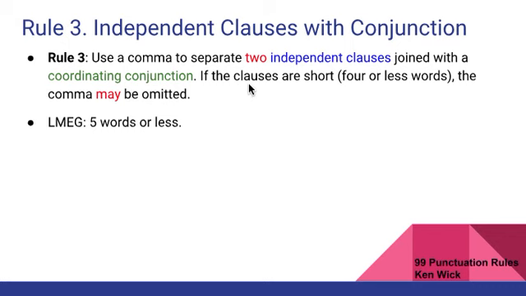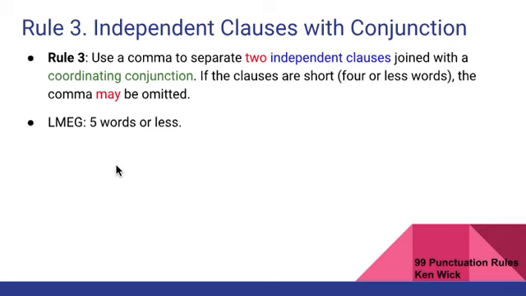Just a clarification of a little bit of a difference in the references for what is defined as short. They all say if you have two independent clauses joined with a coordinating conjunction, you separate them with a comma. But both of them do say if the clauses are short you can omit the comma, with a little bit of difference between the references.